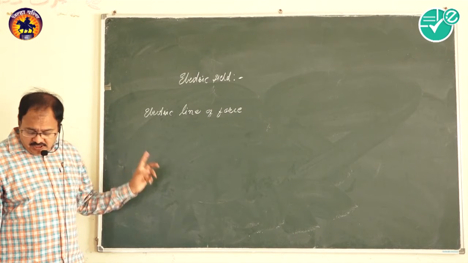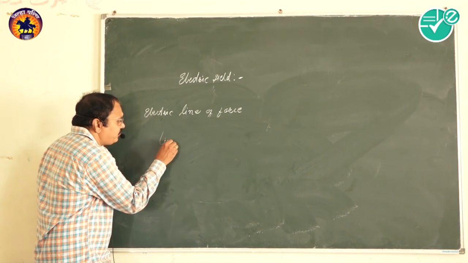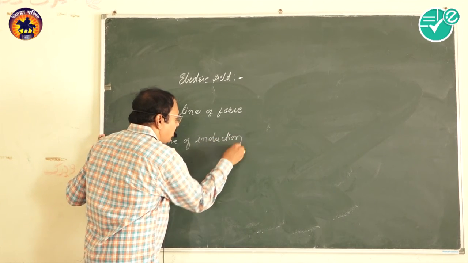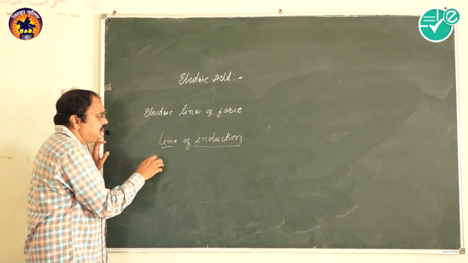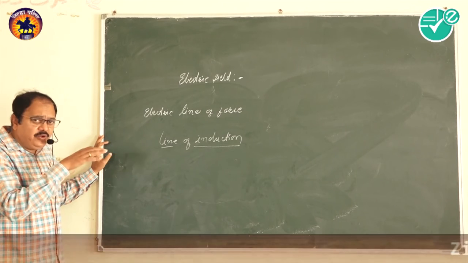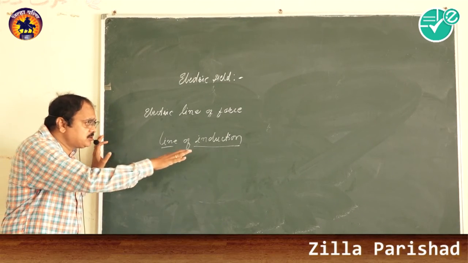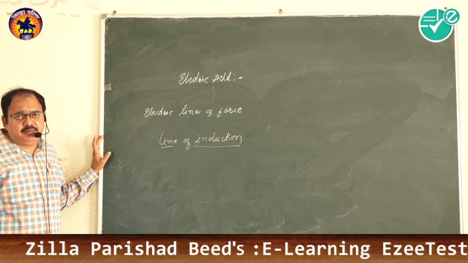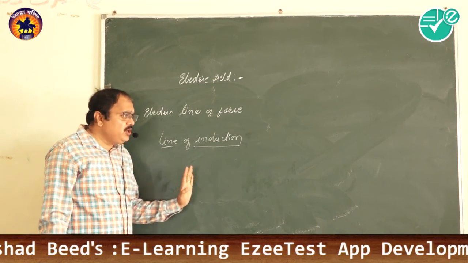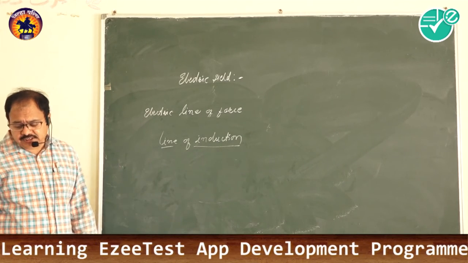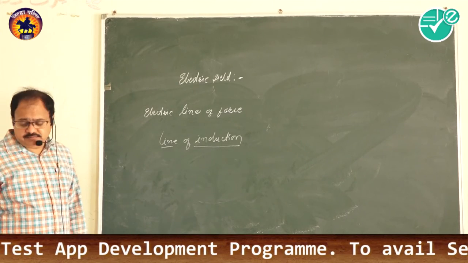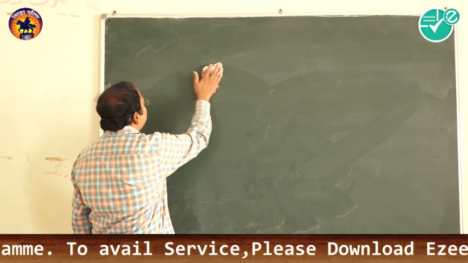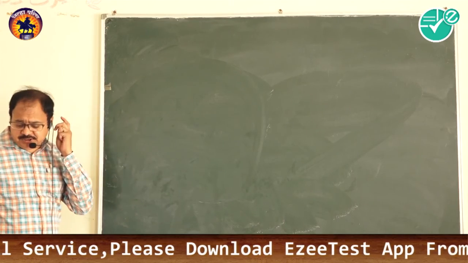Here, the line of induction, or electric line of induction, is also a path along which a unit positive charge moves, but in a dielectric medium other than air. Now, these are some points regarding the theory of electric field intensity and electric line of force.